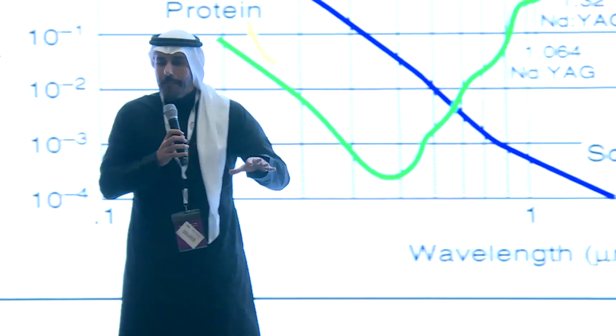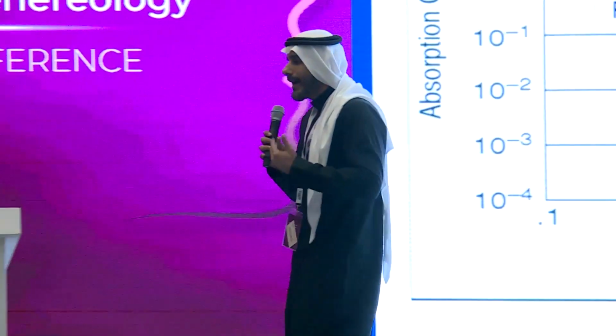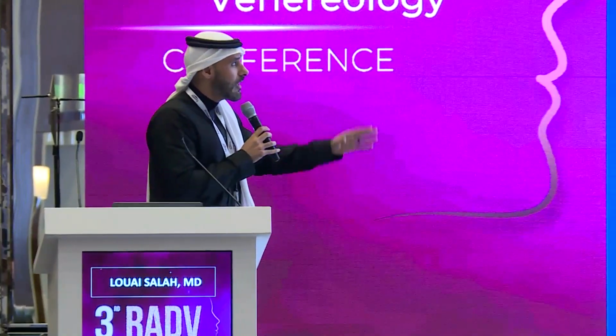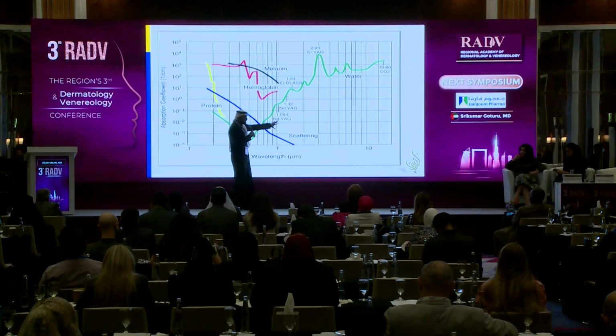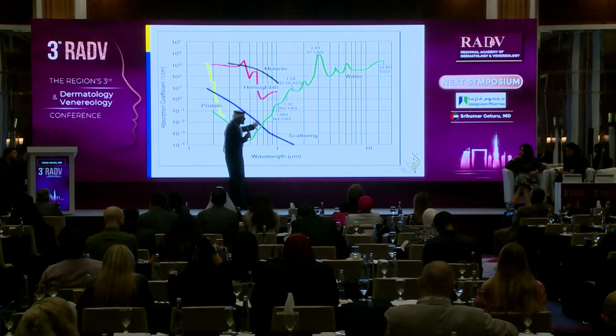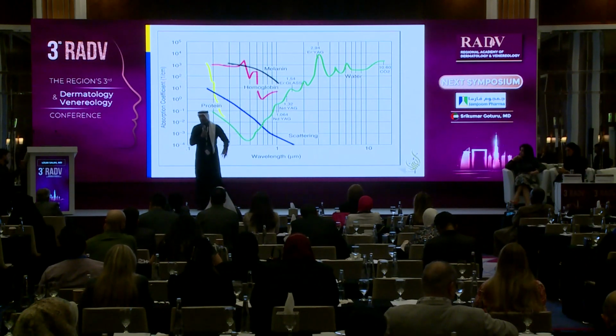So patients with highly melanized skin absorb laser more efficiently. So maybe the safest option for patients with skin of color is something in the near infrared range, like Nd:YAG or maybe an 800 diode laser.